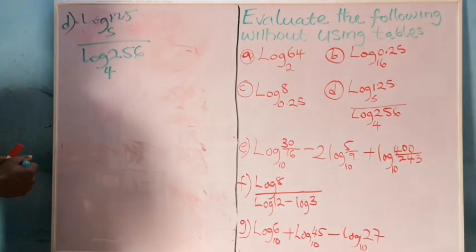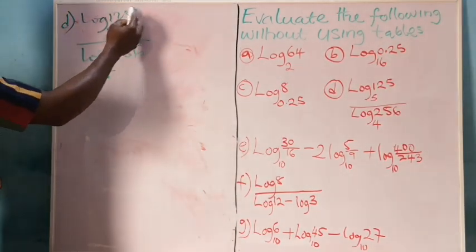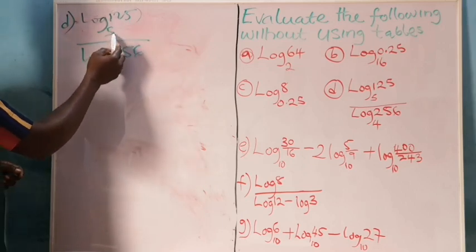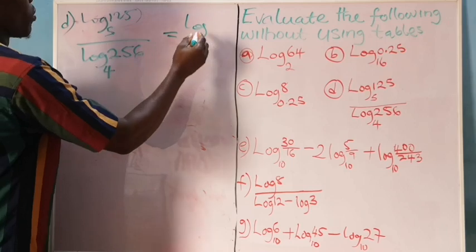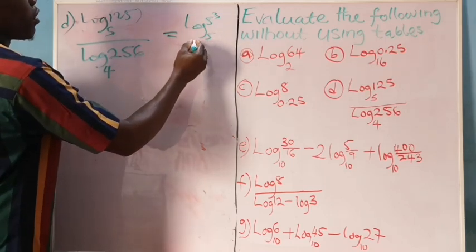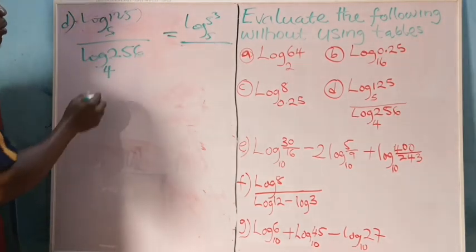Okay, now we are going to rewrite this number in index form so that the base will be the same as base 5, which is log 5 to the power 3 base 5. Then we now have all over. Okay, we are going to do the same thing here.